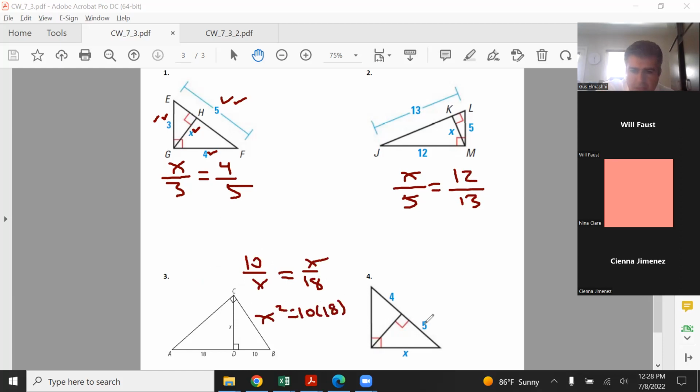And lastly, you could say like 5 over x, that leg to hypotenuse, equals x over 9. Actually, does that make sense? Hold on. Yeah, 5 over x.